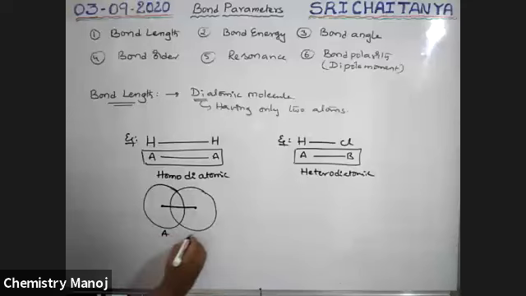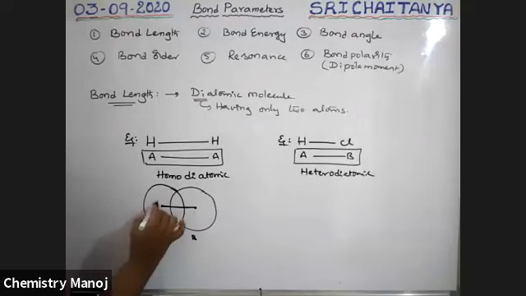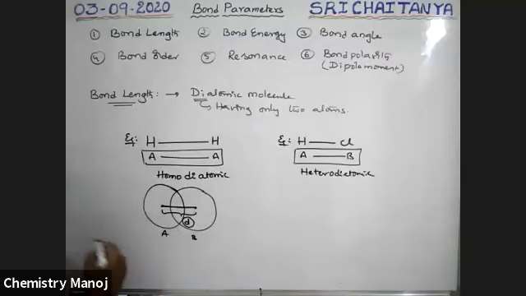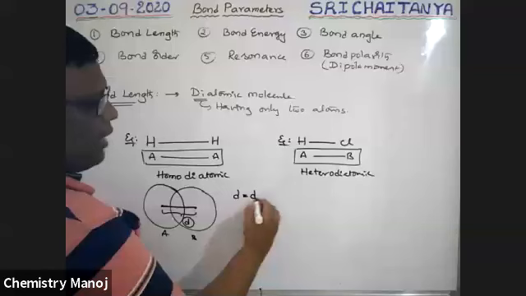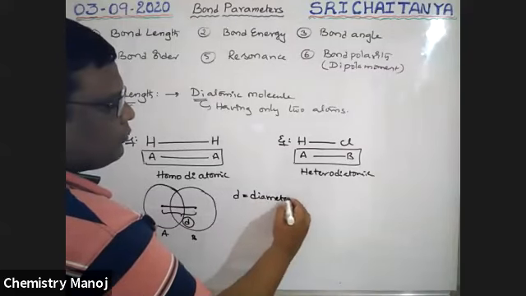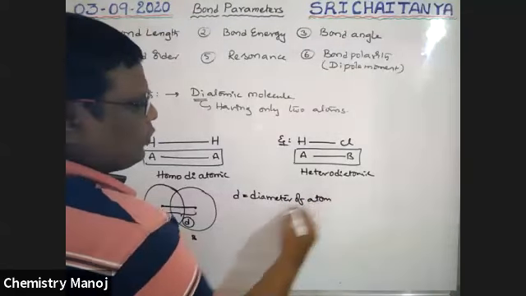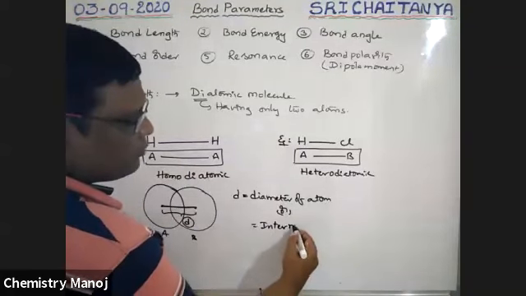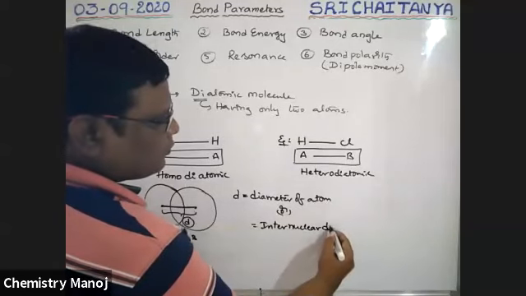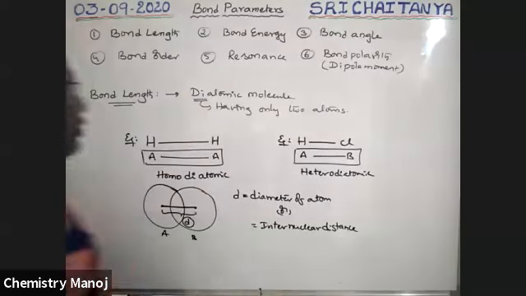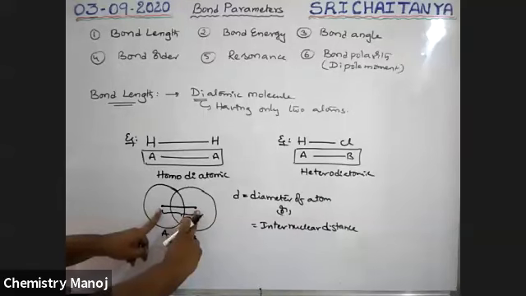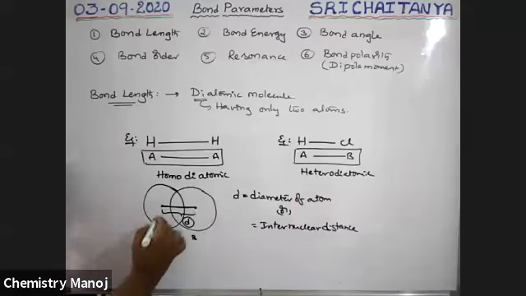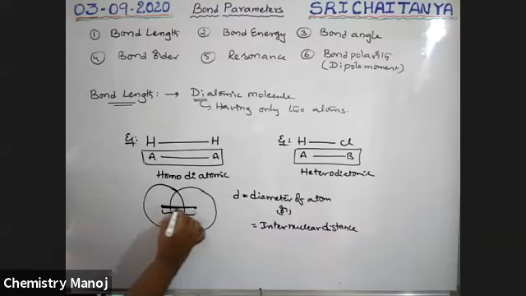I am taking this length as D. That is D, nothing but diameter of atom, which is also taken as internuclear distance. That is the distance between two nuclei of bonded atoms. So this is called internuclear distance.